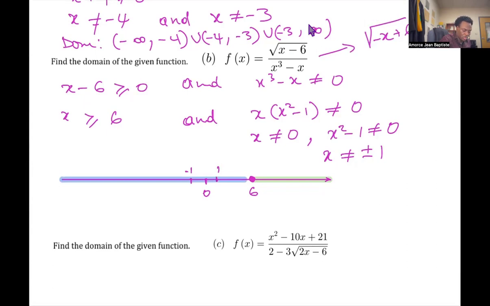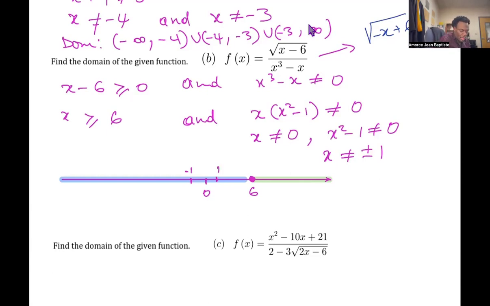The top function would be like that. If the top function was that, then it would be this for the blue part for your domain, and then -1, 1, 0 would have needed to be excluded. Okay, so you need to pay attention to that.